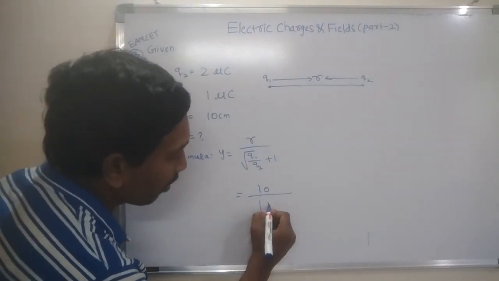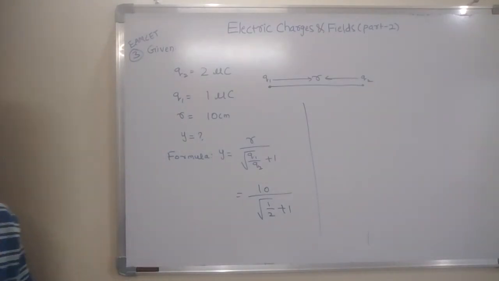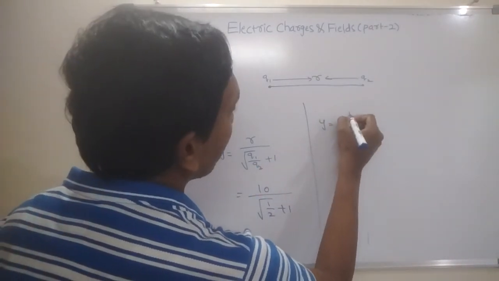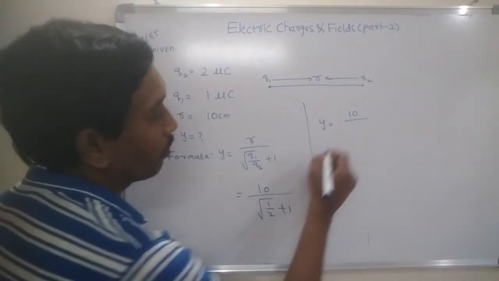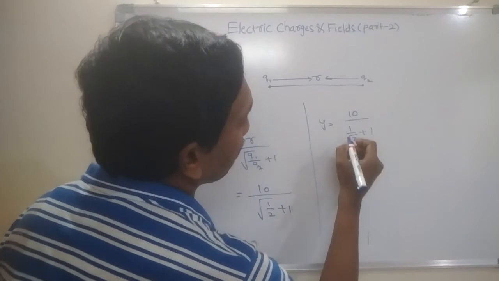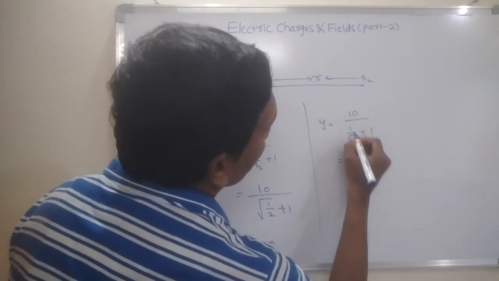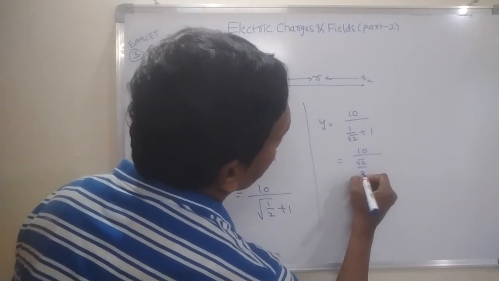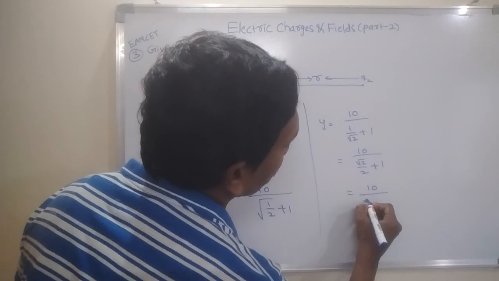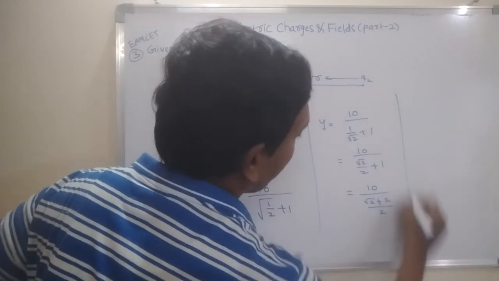So that means 1 by 2, plus 1. If you simplify: Y is equal to 10 centimeter by 1 by root 2 plus 1, which is 10 by root 2 plus 2 over 2.